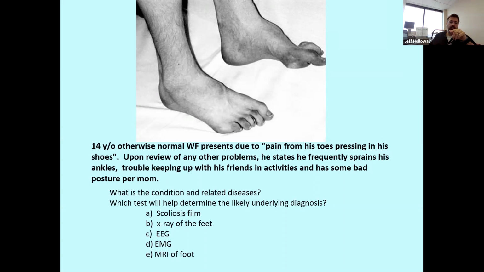So that's what he's complaining about, is that his toes get curled up and then they rub on the top. That knuckle on the top is actually rubbing on his shoes. So that's what he's complaining about, but it's all one big picture. Then you got to think, okay, does pes cavus, obviously like flat feet, right?